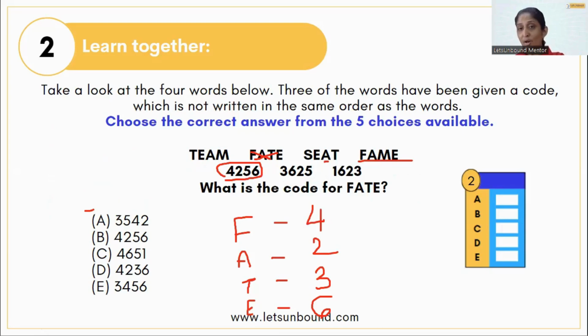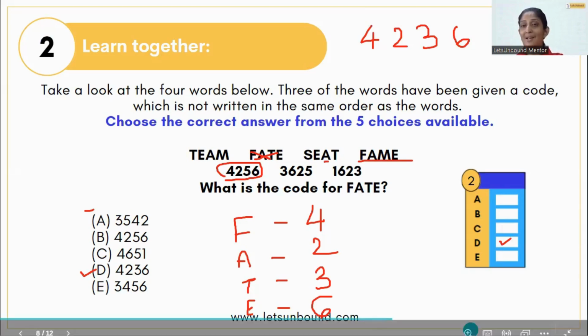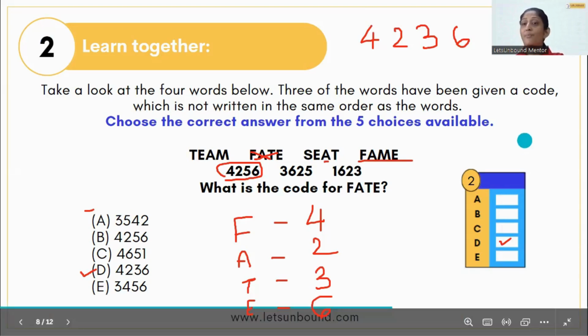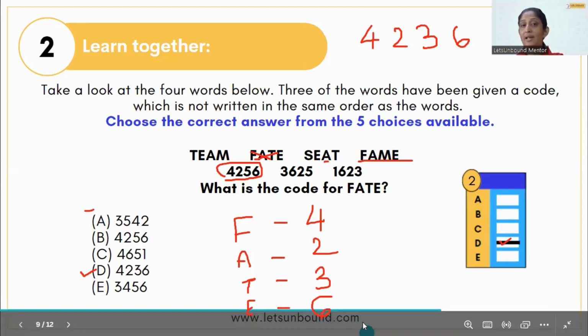Alright, so for FATE, the number code that we have is 4, 2, 3, 6. And let us see which number option matches this 4236. And we can very easily identify that option D is the correct option, which indicates that 4236 is the answer code for FATE.